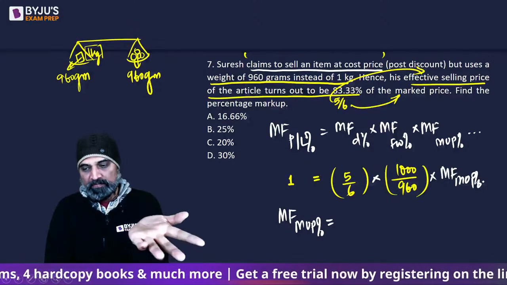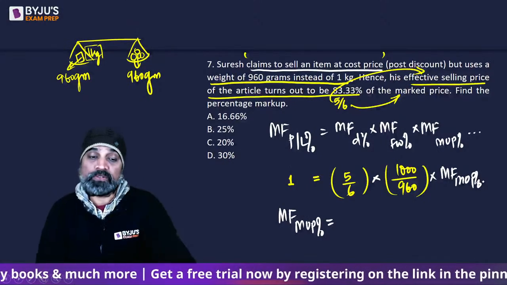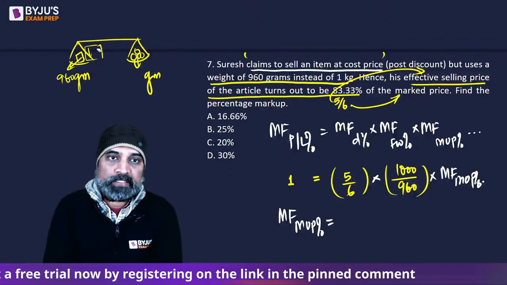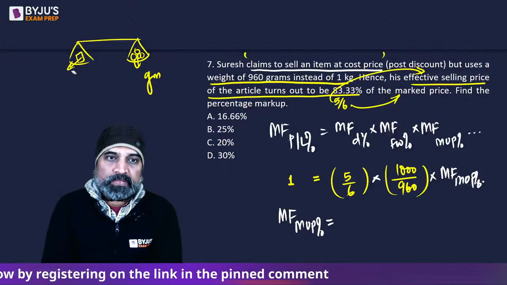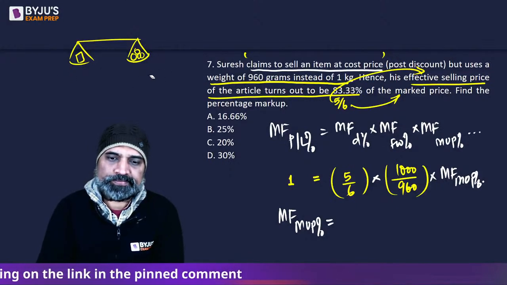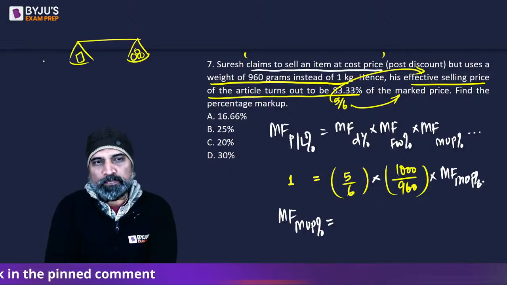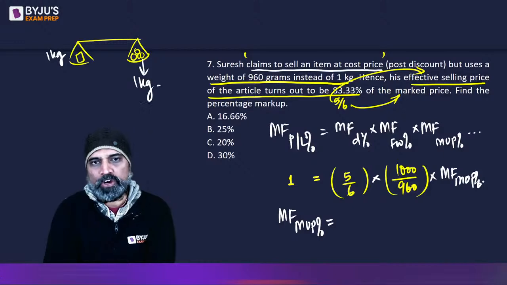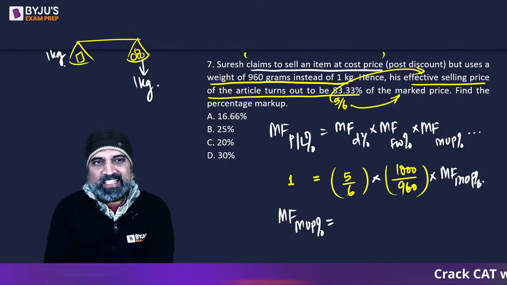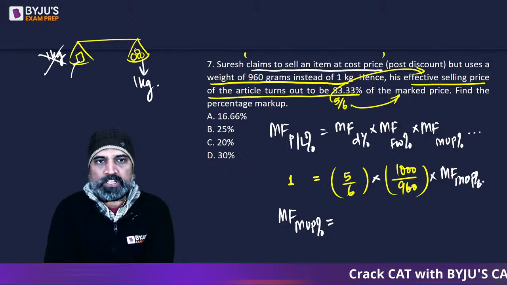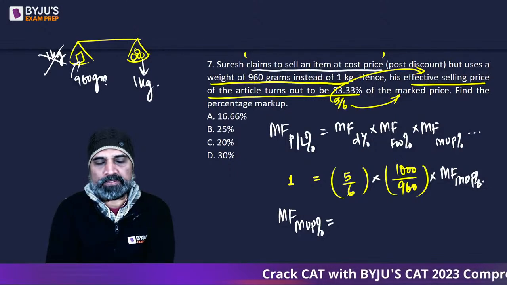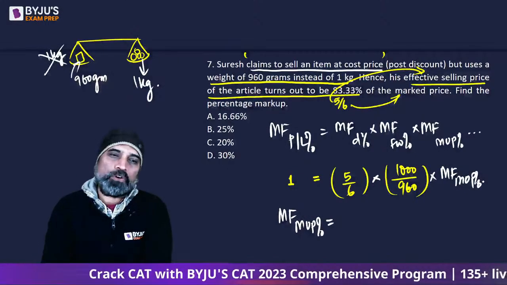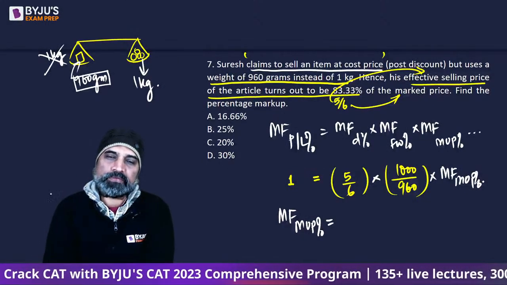So he should actually have put in 1 kg. Oh, instead of means something that we needed first of all, right? As in the thing that comes first. So he's supposed to put 1 kg weight because the weight of the commodity is 1 kg. But instead of 1 kg, he puts a weight of 960 grams. That means the thing written on the weight is 960 grams. Right?